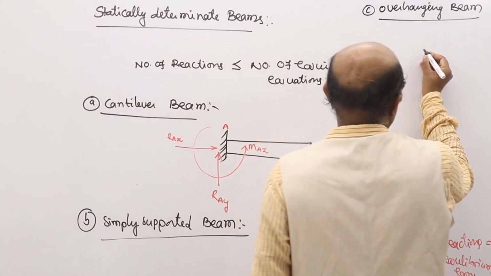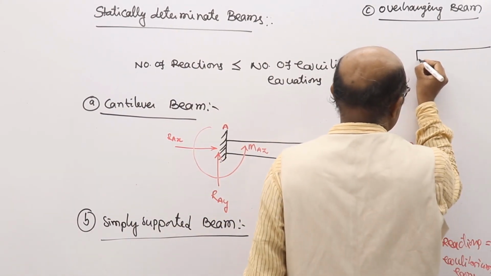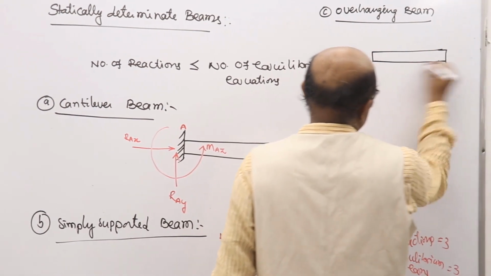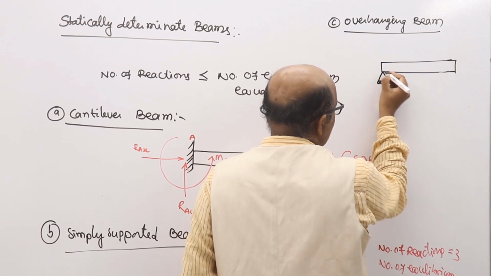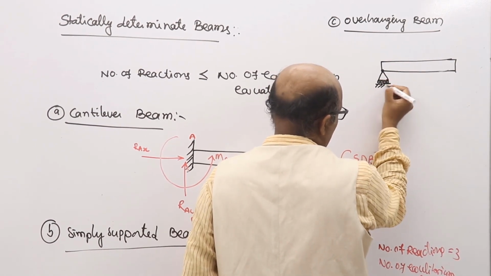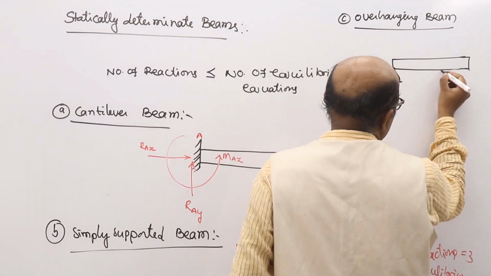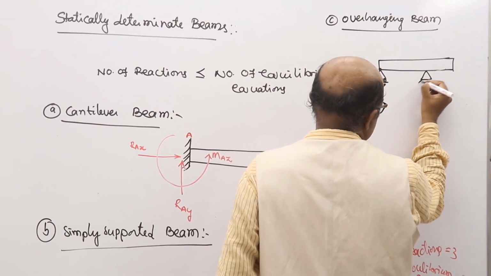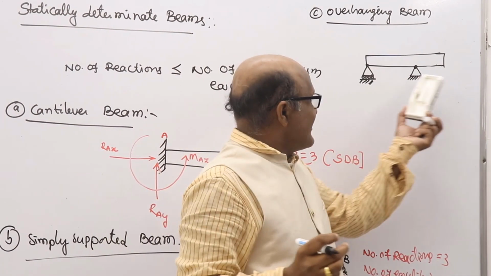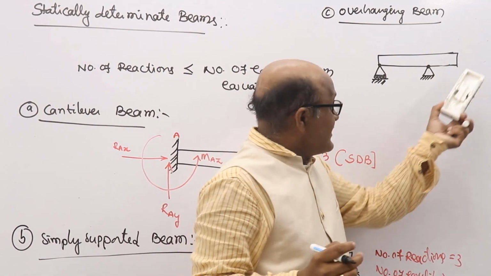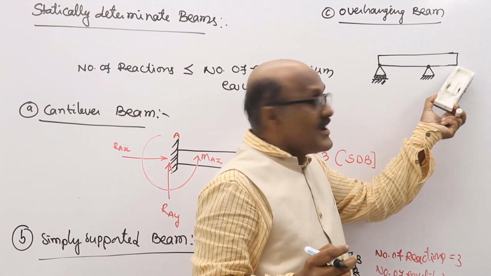Suppose it is a beam, there is a hinge support here and a roller support here. This support is some distance away from this end point.